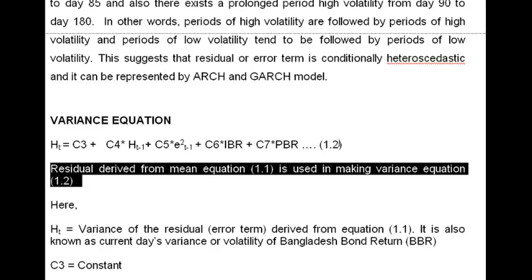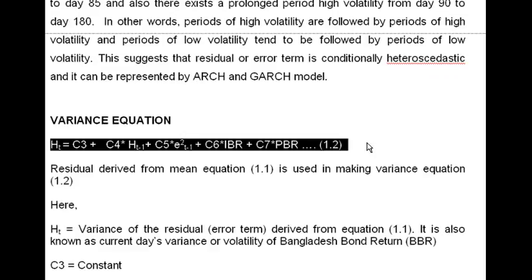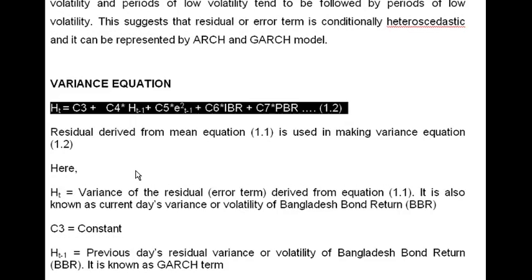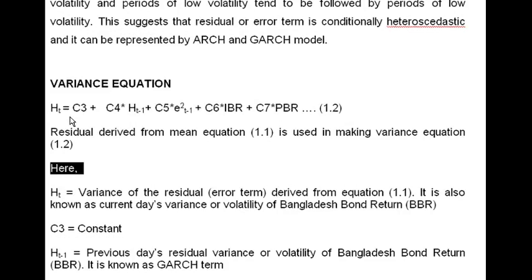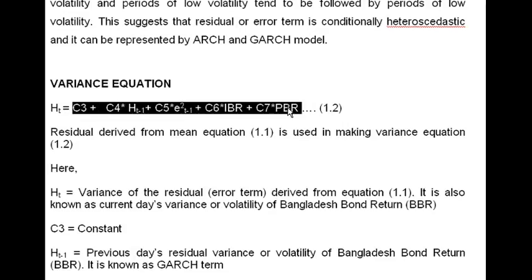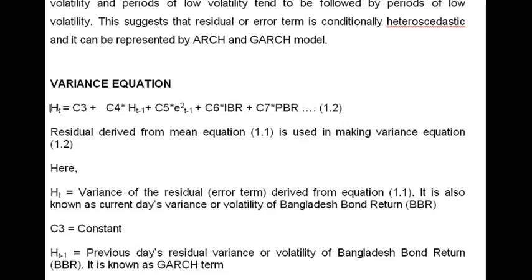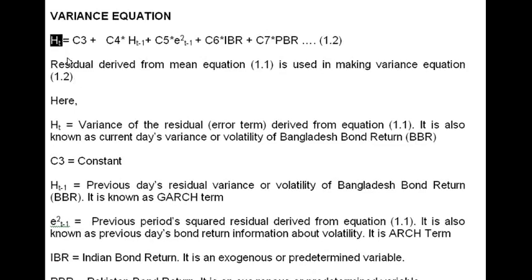Now here you can see these are all independent and HT is the dependent variable. What is HT? HT means the variance of the residual derived from equation 1.1, that is HT.